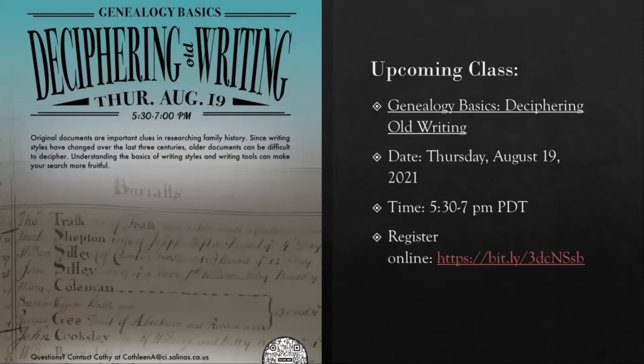But there are some basic things that you can learn that will help you with documents from 1750 on to even the 1940 census, and things you can learn about how to decipher things, what to expect in certain kinds of documents, what to do if it's clear that the person writing the document maybe had a palsy, so their hand was trembling, etc. So I invite you to our next class, Deciphering Old Writing.